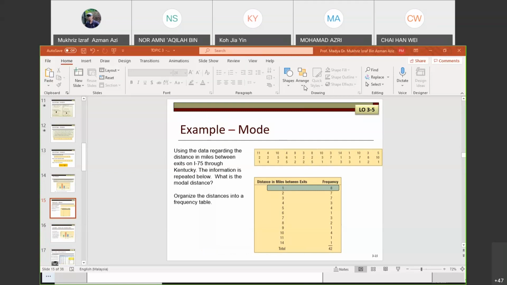If you look at the video for which I provided the link in your OL, in eViews, if you highlight your data and put in the command mode, eViews and Excel can detect automatically the number with the highest frequency.